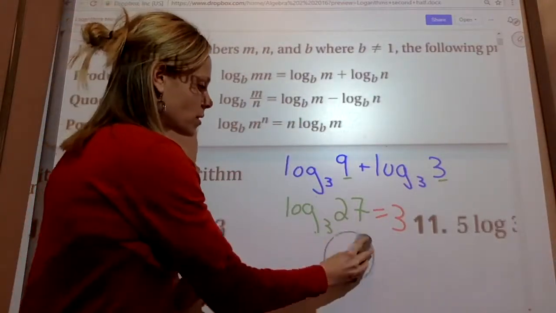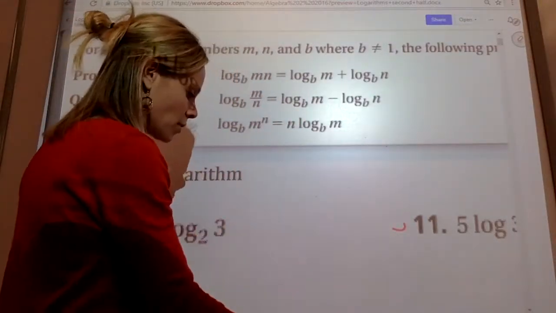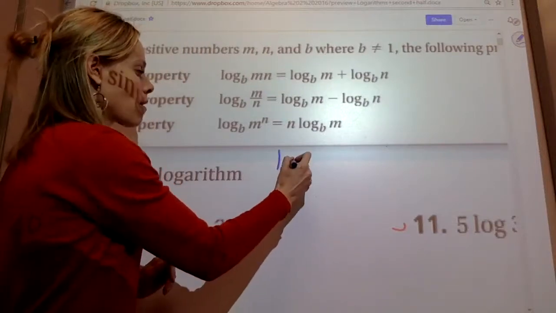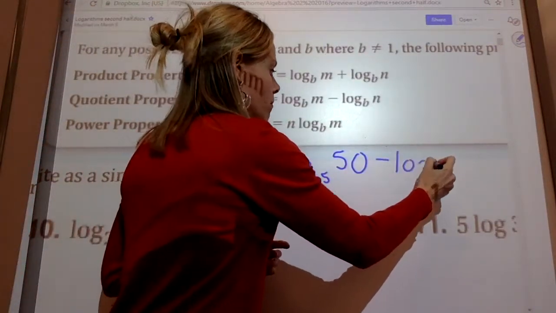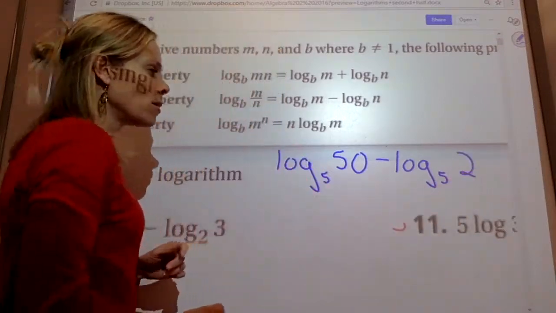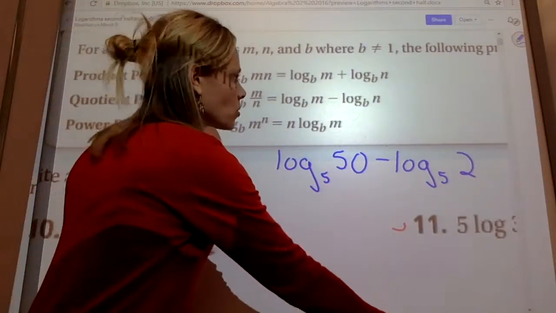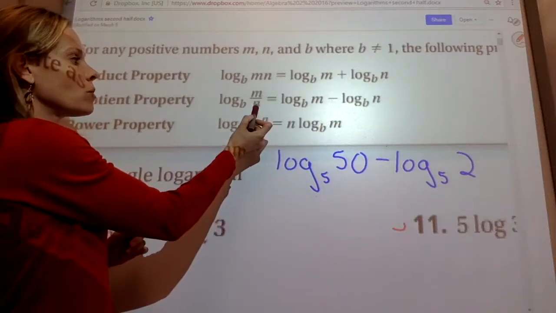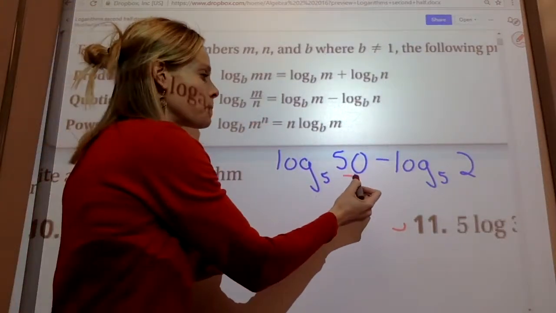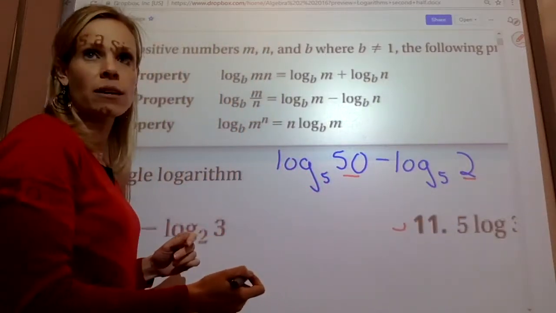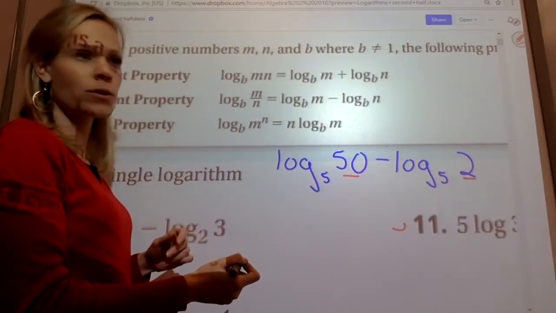Subtraction is pretty much the same thing. When you're subtracting logs, let's do log base 5. When I'm subtracting logs, I'm going to change that into division. And the key with this one is the first one has to go over the second one. You can't switch the order in division.